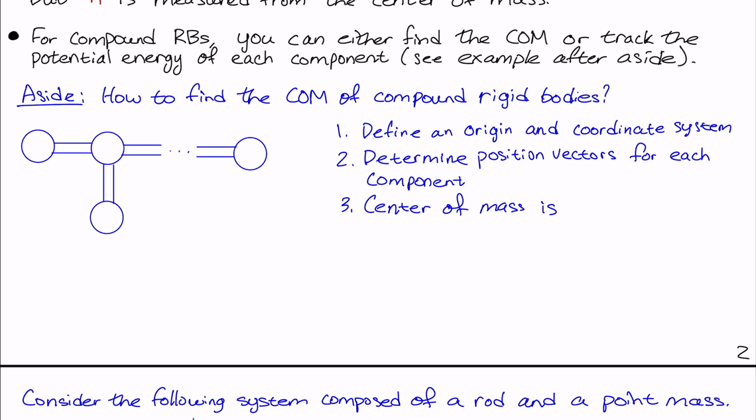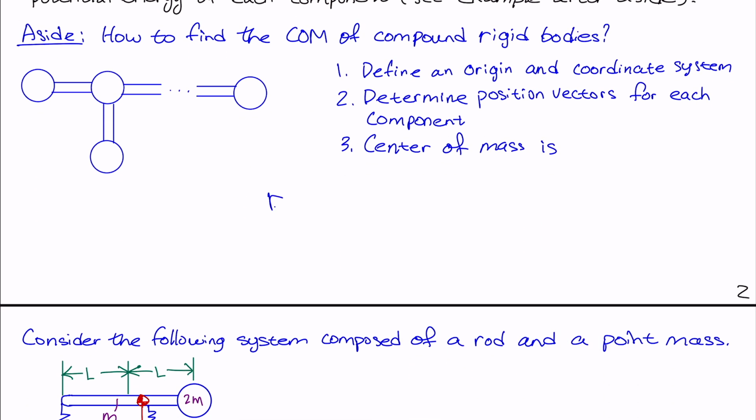Center of mass is equal to, we use R sub C for that position vector, the fraction where we have the summation of the mass of each component times the position of each component, divided by the total mass, or the sum of the individual masses of the components. So center of mass is really, in a sense, a mass-scaled position vector.